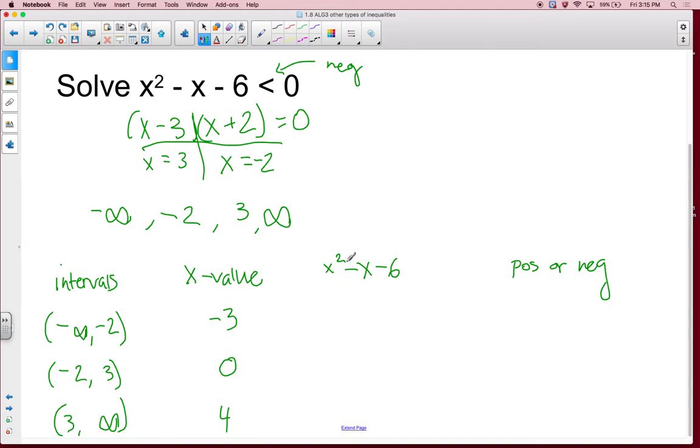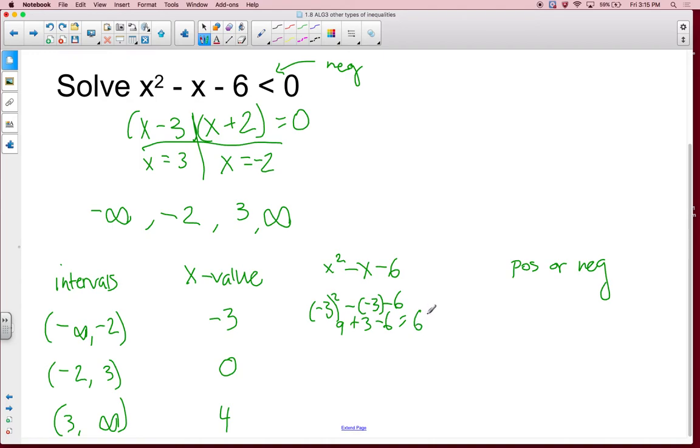So here we go, plugging in -3, we have -3 squared minus a -3 minus 6. This is 9 plus 3 minus 6. 9 plus 3 is 12, and 12 minus 6 is 6.